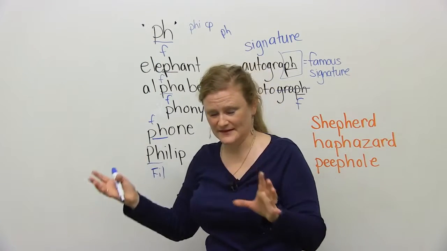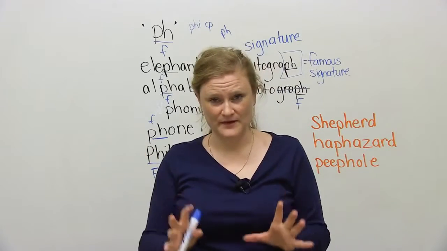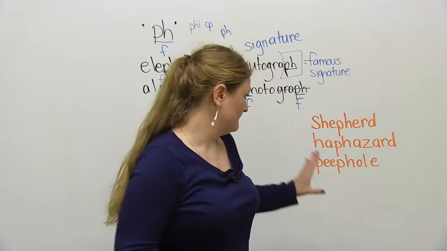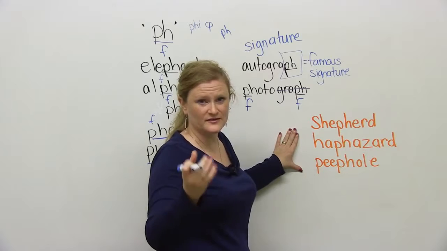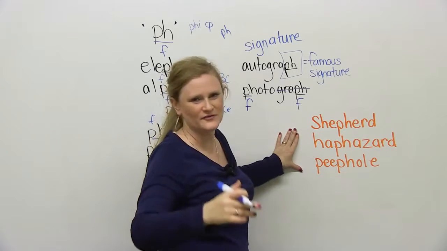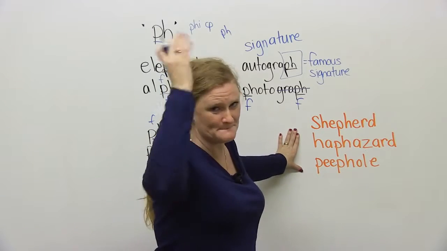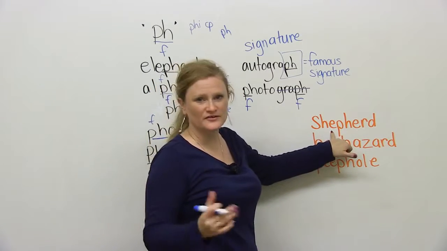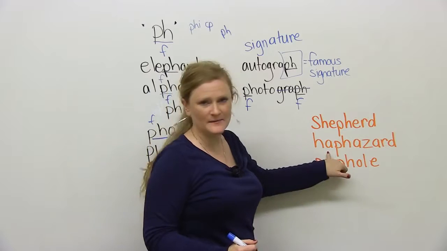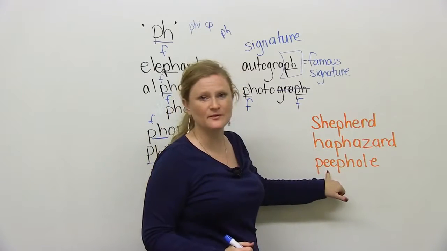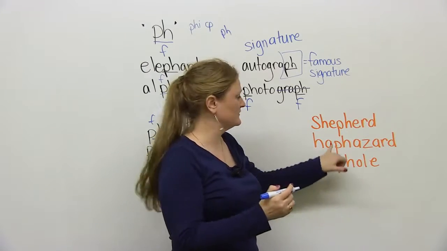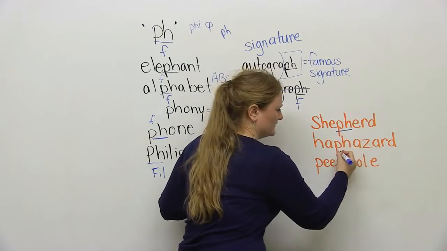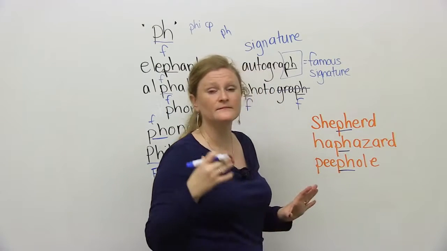But like everything in English, there are exceptions. Now, the ones that I can just think of off the top of my head are these words. The first word is shepherd, haphazard, and peephole. These words do, as you can see, have the PH sound in them.